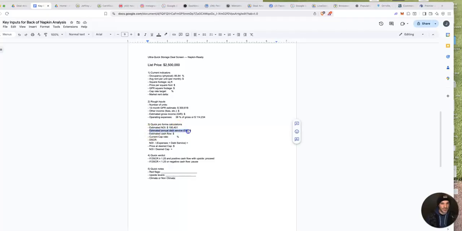You could see in here, for a back of napkin, you're typically not going to have your annual debt service. If you happen to have some, a general rule of thumb you want to throw in there just for numbers purposes, you can. However, I've kept it there, just in case I or anybody wanted to put it in there.